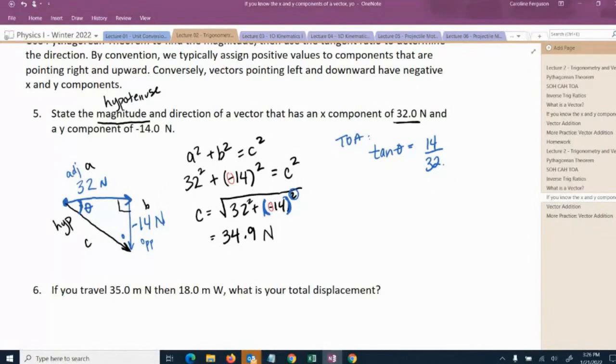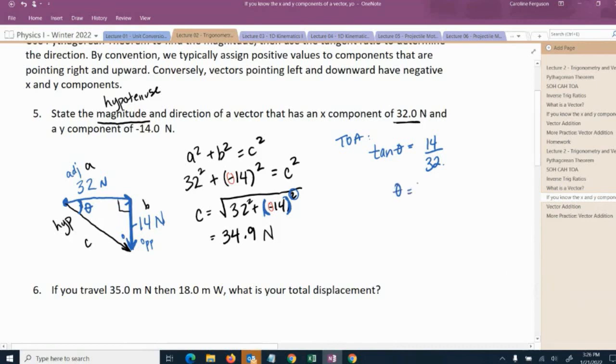You're really just looking for this angle, and the length of this vector is 14. It points downwards, but the length is still 14. You don't want to be finding the whole angle all the way around. So always use the positive values for the lengths of the triangle sides. So tan theta equals 14 over 32.